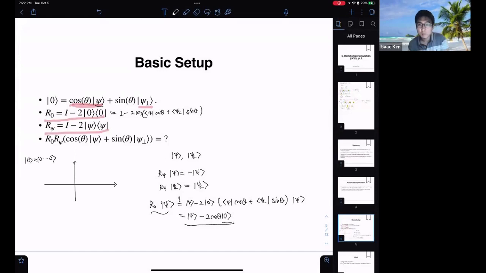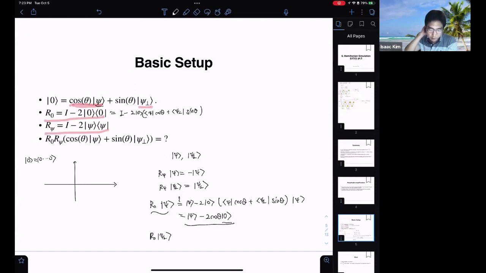And you can perform a similar calculation for R0 applied to psi perpendicular. Again, showing that this is a linear combination of psi and psi perpendicular. So effectively, when we apply R0 and R psi, we are always in a 2-dimensional subspace.